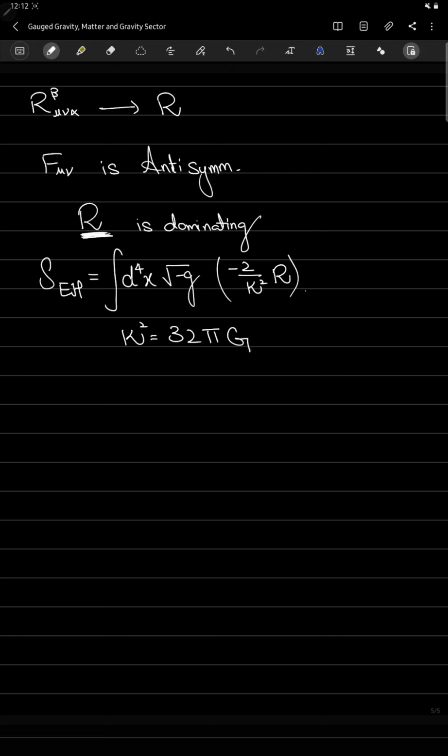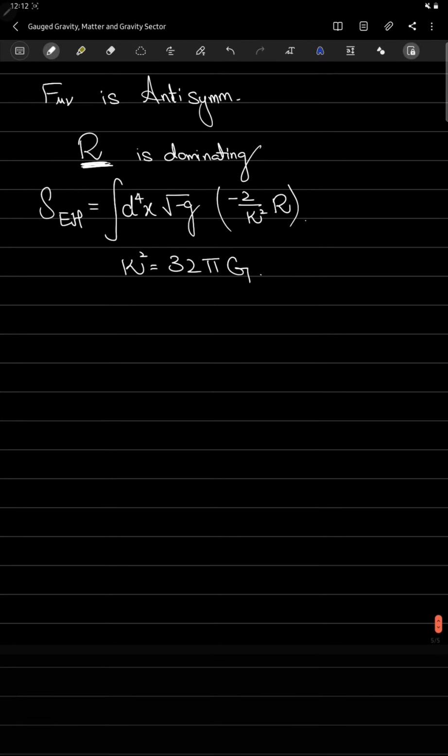You'll have Newton's gravitational constant in here as well. So kappa squared is equal to this thing. And with this, the full invariant action is the sum of the Einstein-Hilbert action and the matter action.